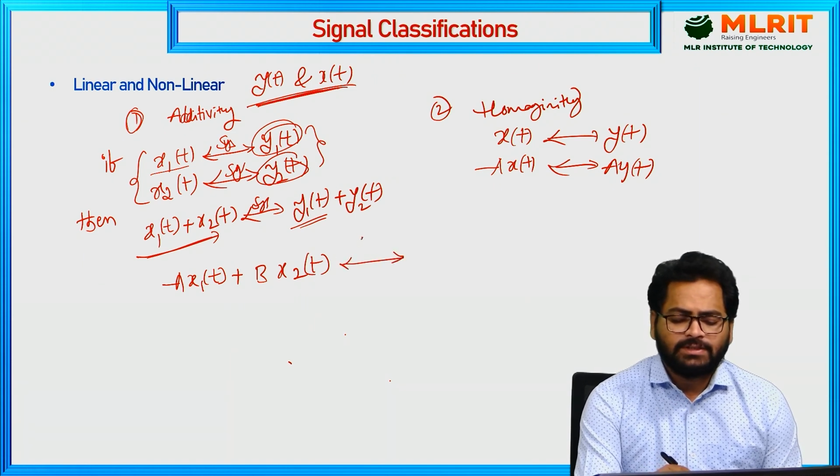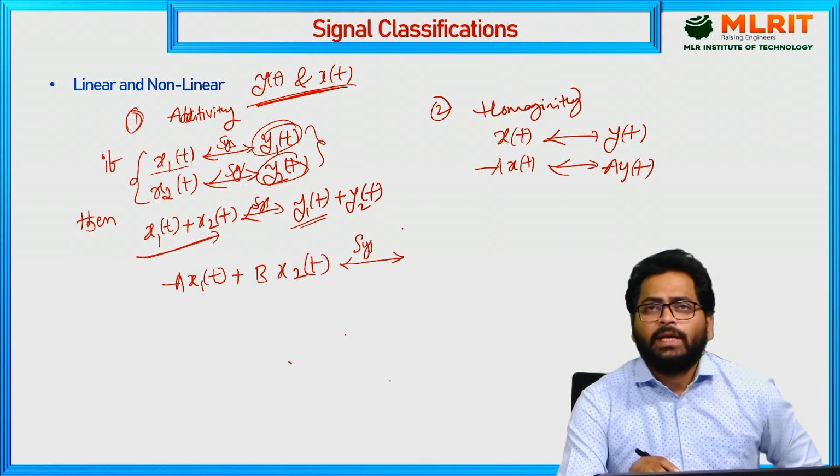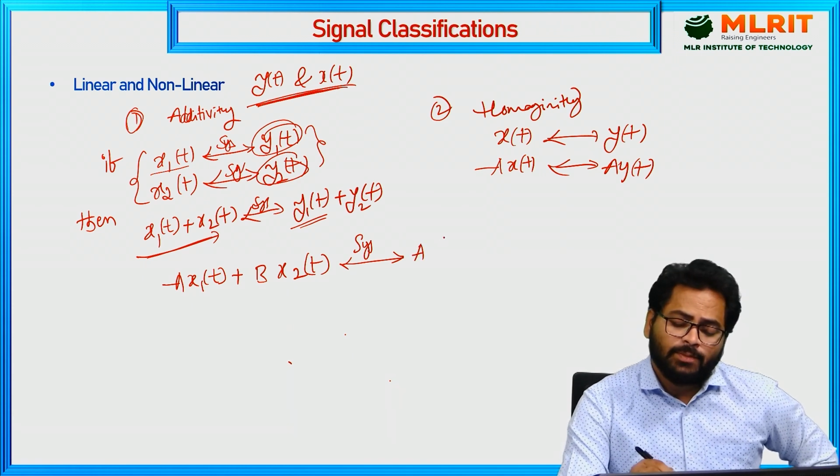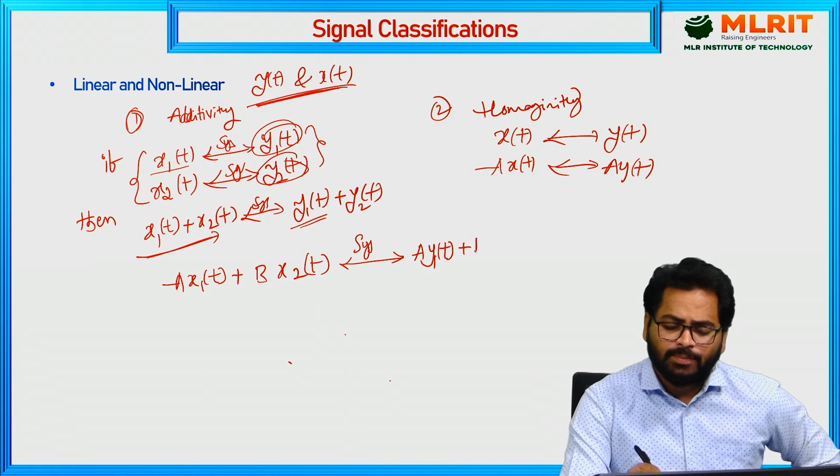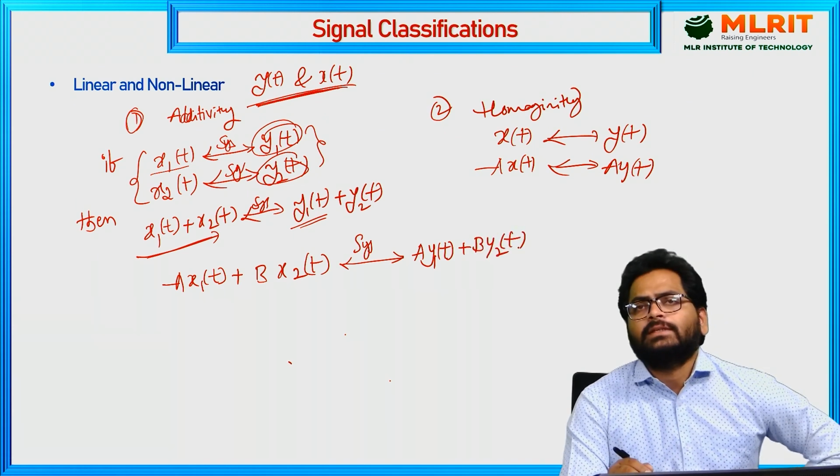If I give this as the input to the same system and am able to get the output a into y1 of t plus b into y2 of t, then the system is linear.